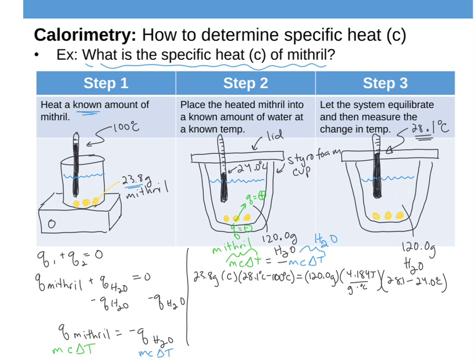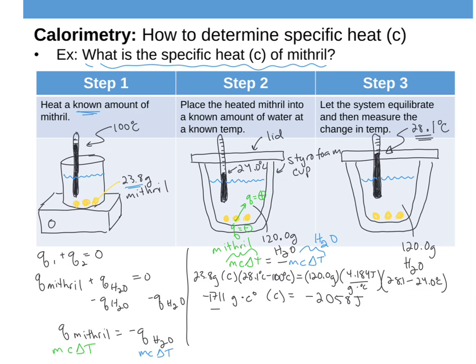And so I can just start solving now for this, right? I'm going to get negative 1,711 times the specific heat. And over here on the right, I'm going to get negative 2058 joules. Right, and I should say I'm being sloppy with my units. I apologize. Negative 1711, this will be in grams degrees Celsius, if I'm keeping my units together.